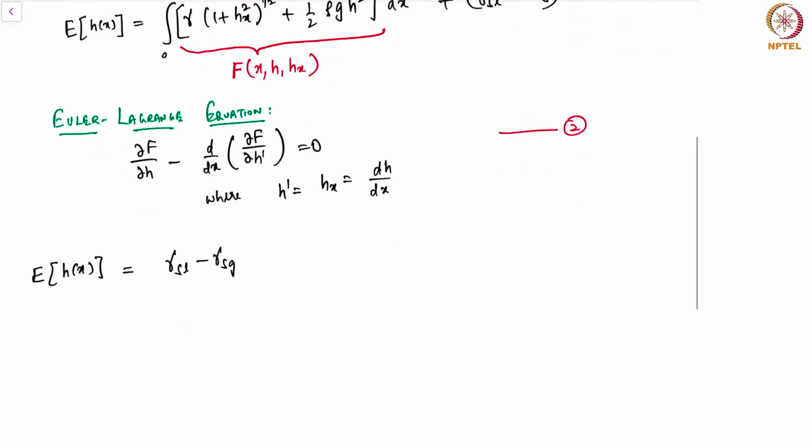So if this quantity E is a function of h of x, which recall is given as gamma SL minus gamma SG, I'm writing the last term first.